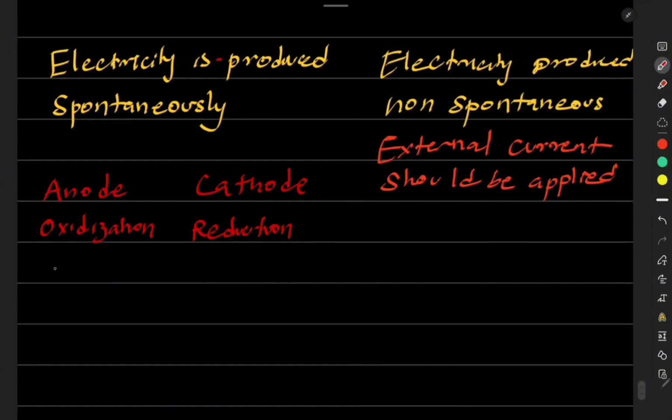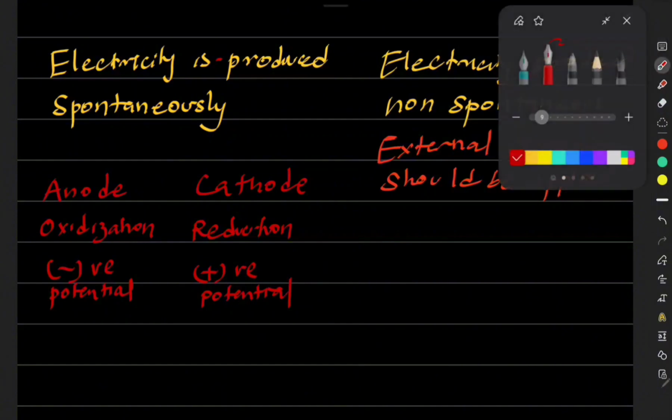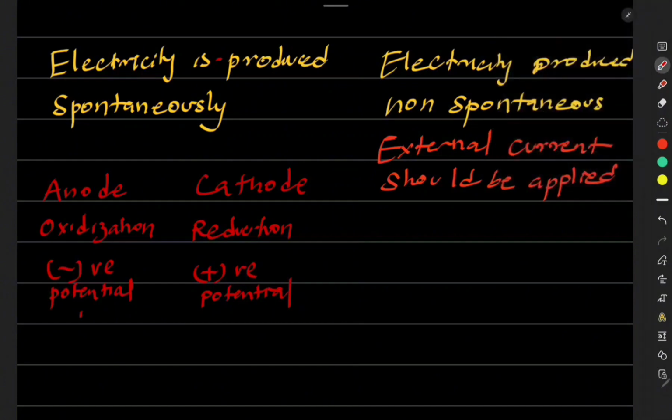The potential will be negative at the anode and positive at the cathode. Electrons will be moving from the negative terminal to the positive terminal.